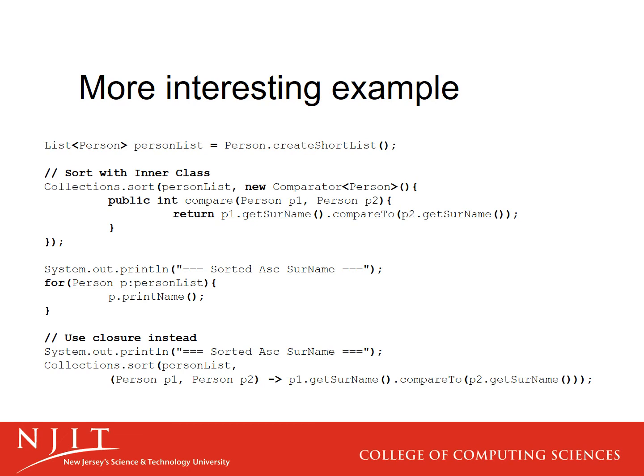And when you invoke that function, it executes that single line of code there: P1.getSurname().compareTo(P2.getSurname()). No anonymous inner class needed. There's a tiny little fragment of code, which is a function, which is called as needed. And that closure gets access to certain variables in the class.